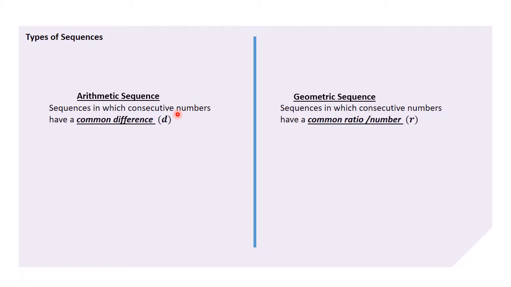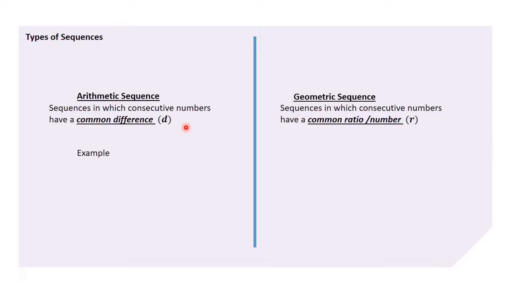On the contrary, a geometric sequence is a sequence in which consecutive numbers have a common ratio or a common number, which we normally represent by a small letter r, or lowercase letter r. So that is the first contrast between the two sequences. When we call it arithmetic, there is what we call common difference, represented by a small letter d. When we call it a geometric sequence, there is what we call common ratio or common number, represented by lowercase letter r.